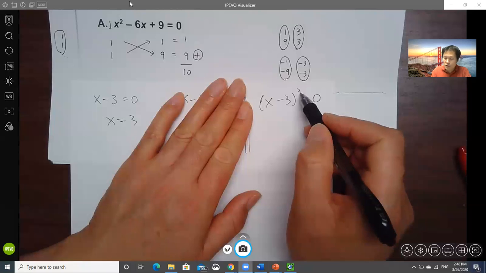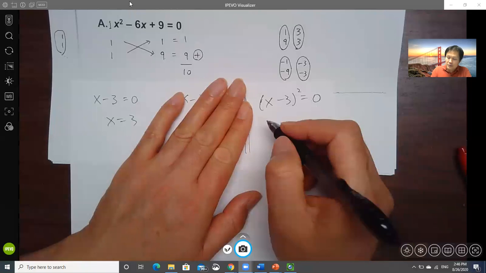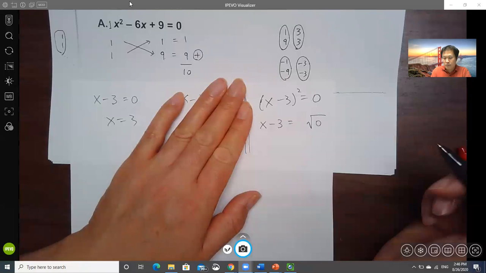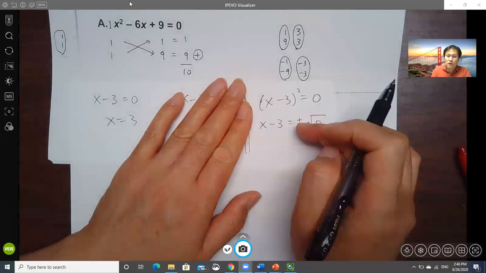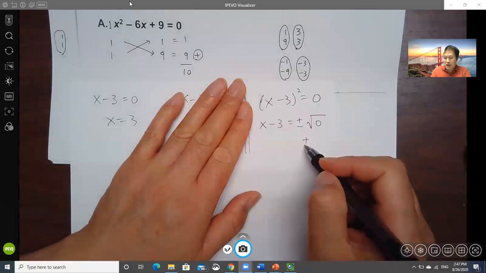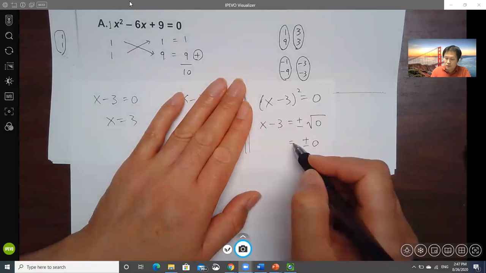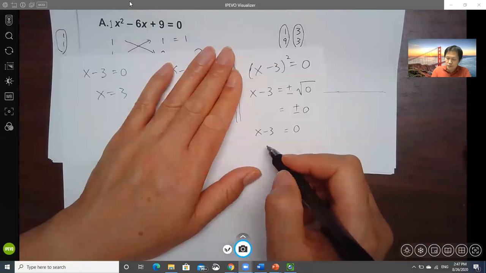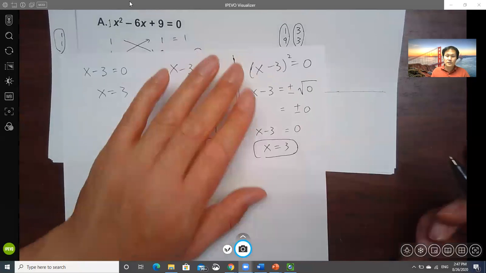So take a square root of both sides. x minus 3 equal to square root of 0. Don't forget plus minus. Whenever you take a square root of both sides, you're supposed to put plus minus. Square root of 0 is 0 though. So plus 0, minus 0 is all 0. Plus 3, x equal to 3. Okay, same answer.